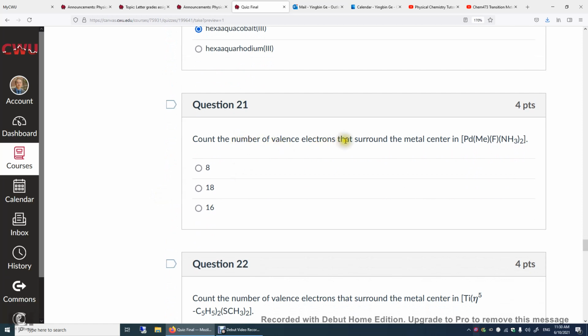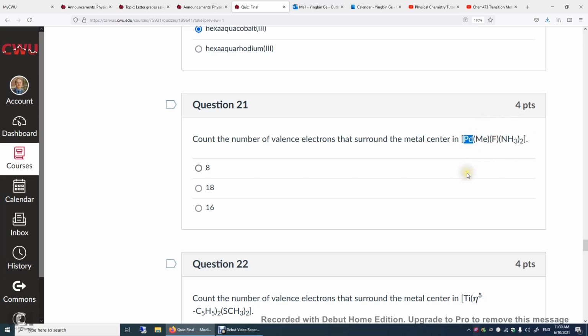Count the number of valence electrons in this. Well, I'm going to assume this palladium has an oxidation number of 2 because you have methyl with -1, fluorine with -1, amine is neutral, and all the complex is neutral, so you have +2 on palladium, -1 on CH3, -1 on fluorine.